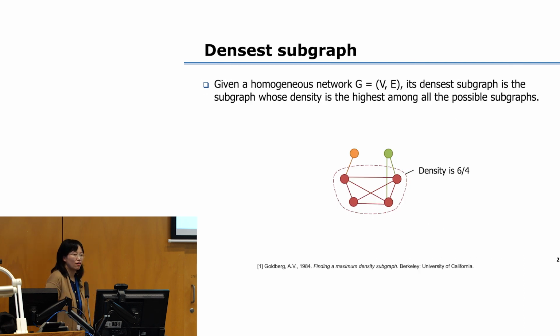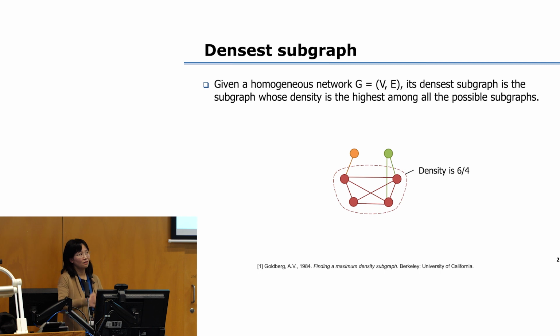And the densest subgraph is also a fundamental definition. The density of the subgraph is measured by the number of edges divided by the number of vertices. And the larger the number, the denser the subgraph. In some cases, identifying the densest subgraph is highly important.